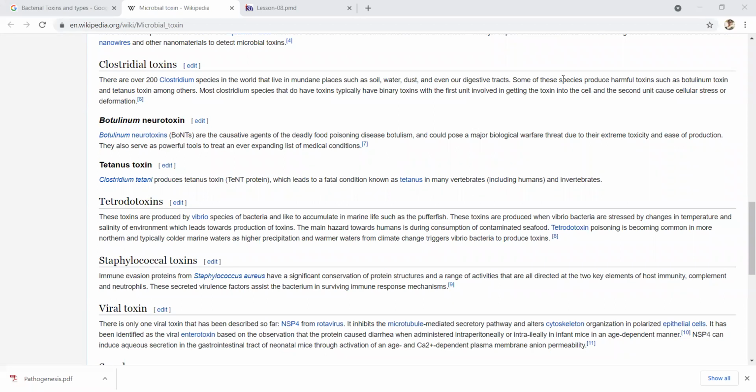But a biological weapon is a weapon which uses a living organism. Because bio means life. So when you use a living organism for any kind of war, that is known as a biological weapon.